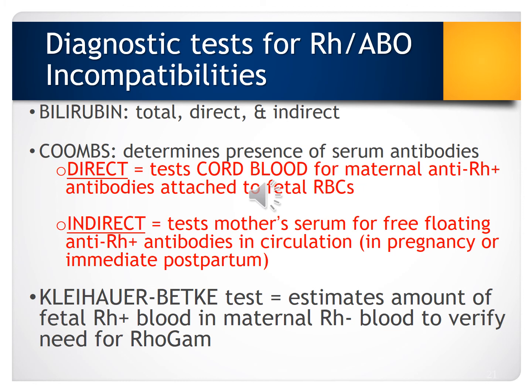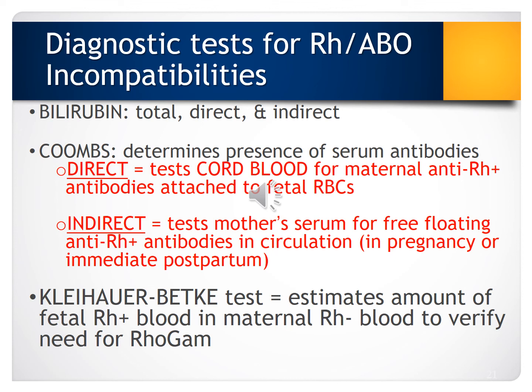So direct meaning taken directly from the cord blood, looking for any maternal antibodies on fetal red blood cells to see if this mom has developed antibodies, if it's a RH incompatibility, or if she's O and the baby is anything but O, if any of those naturally occurring antibodies have attached to the fetal red blood cells, thus heightening our awareness that there's going to be increased red blood cell breakdown, leading to increased risk of hyperbilirubinemia.